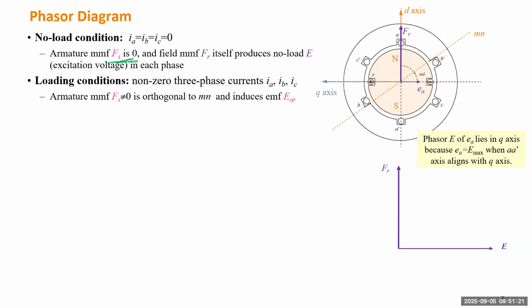And for the condition with load, we have non-zero three-phase currents IA, IB, IC. The FS will not be zero, but it's orthogonal to the MN. MN will depend on the load. When the external load changes the power factor, the MN can also change. So FS will be orthogonal to MN, lagging D by 90 degrees plus psi, which means we can draw this FS as a phasor.